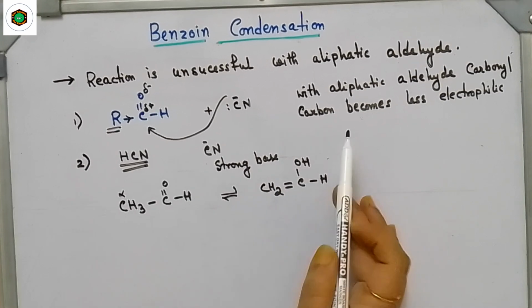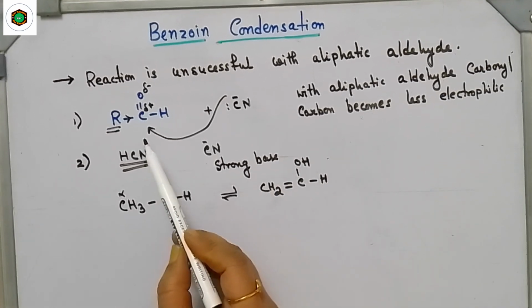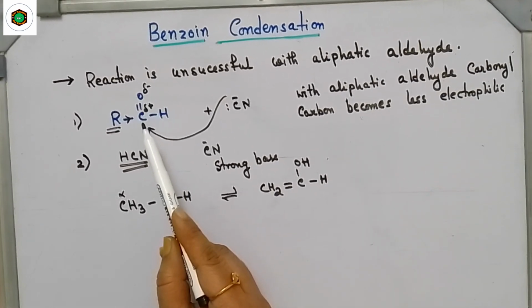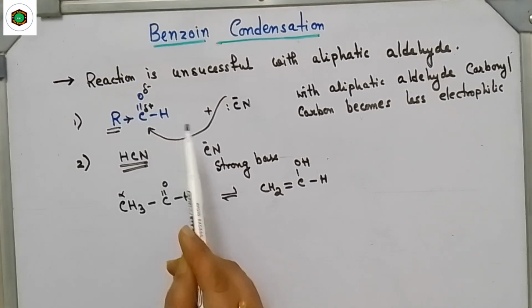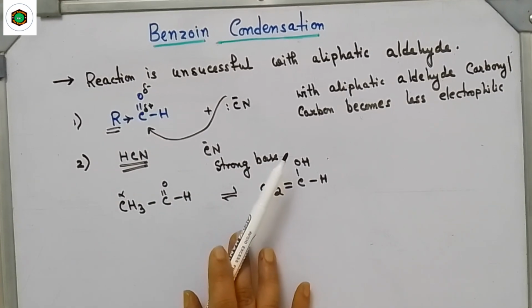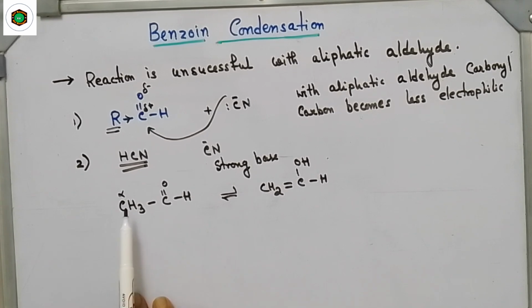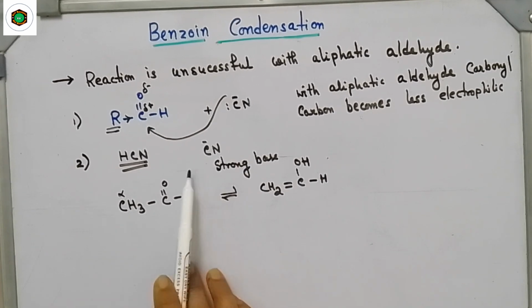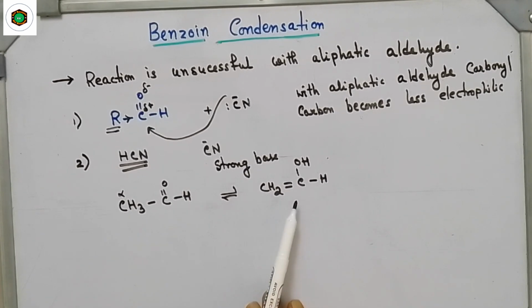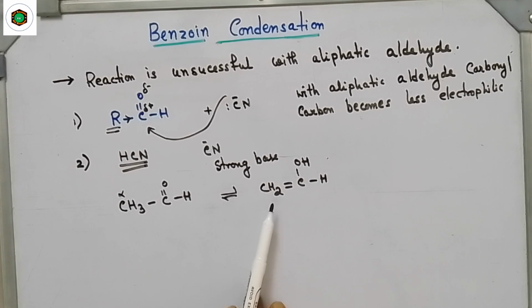So the first point we have seen is that with aliphatic aldehyde, this carbonyl carbon becomes less electrophilic, so the reaction will not take place successfully. And the second point, since this is a strong base, enolization of the aldehyde is possible if there is an alpha hydrogen atom.